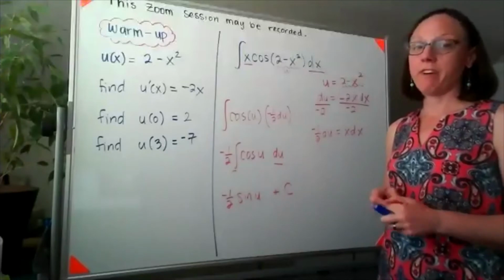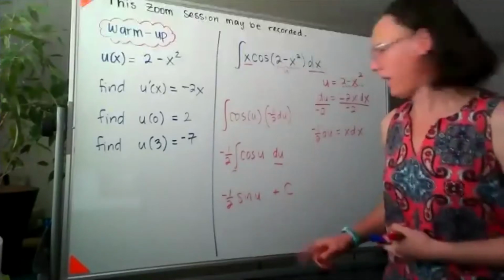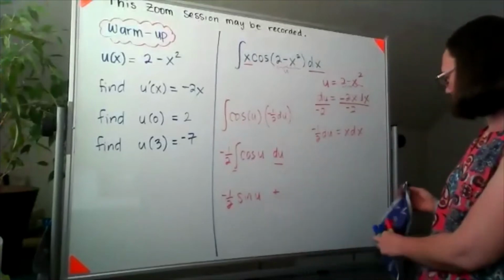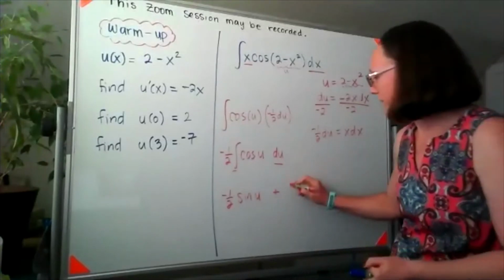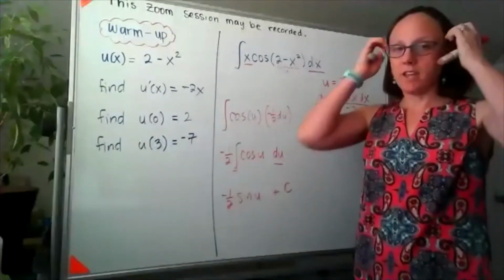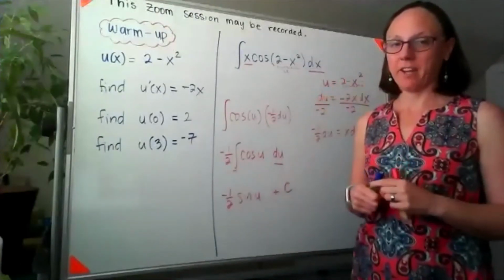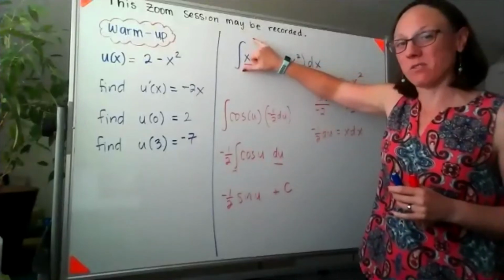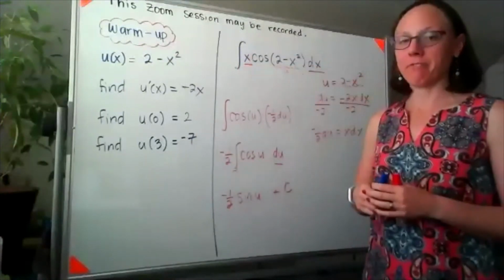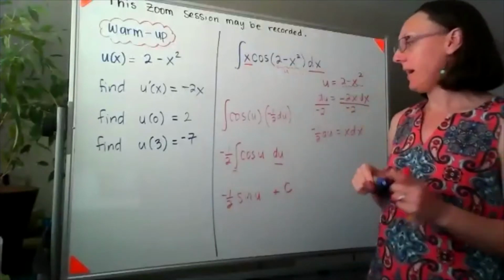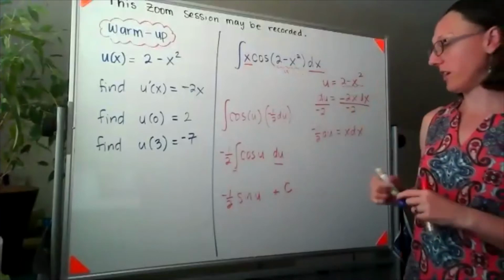If I'm finding the indefinite integral, and we would call this indefinite because there are not bounds on that integral, I'll come back to the question that's on the screen in a second.